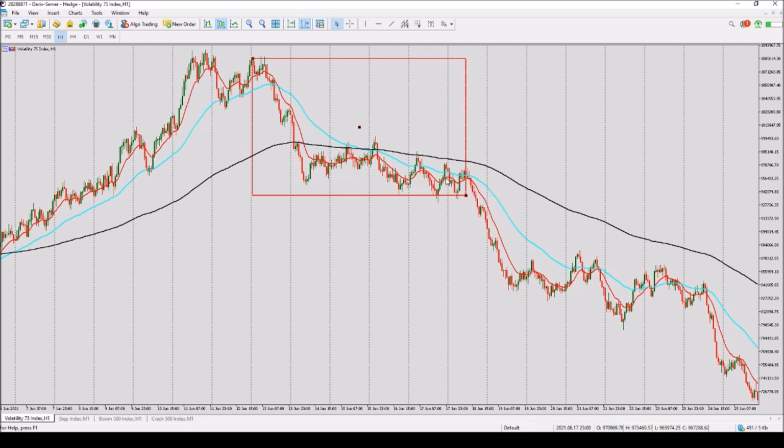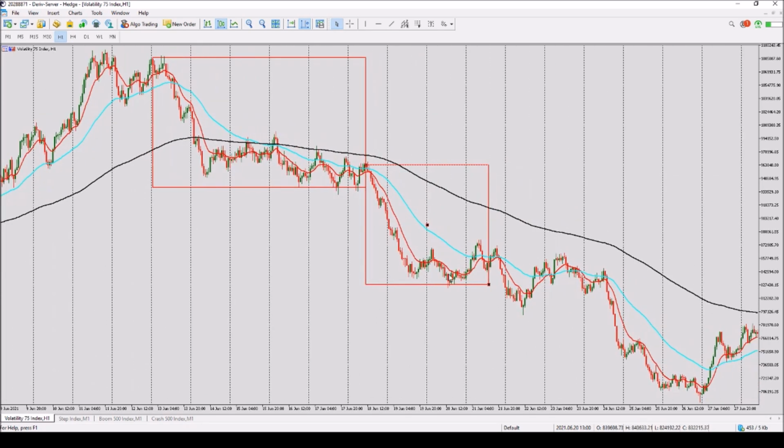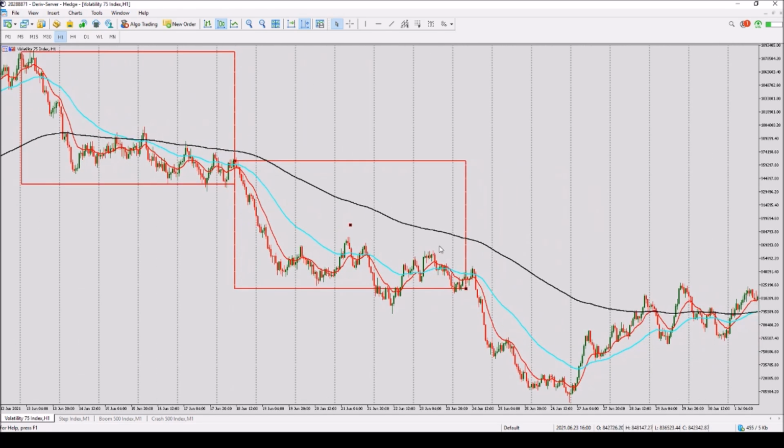So after that consolidation, we had another drop, right? I'm going to mark the level 2 of this cycle. Then after that drop, we had another series of consolidation. As you can see, there were 1, 2, 3, 4 days of consolidation.